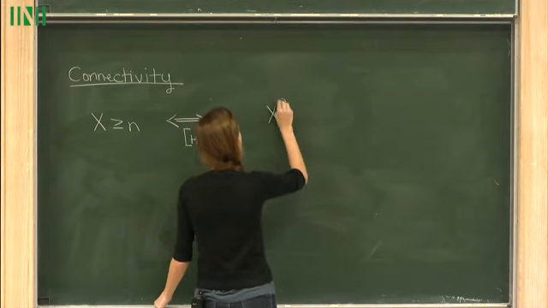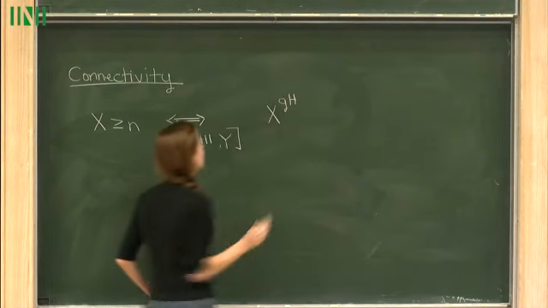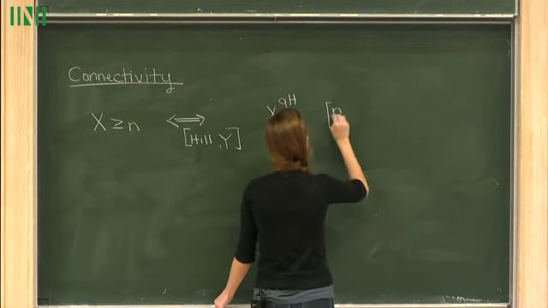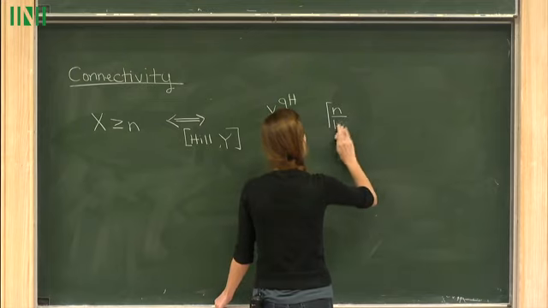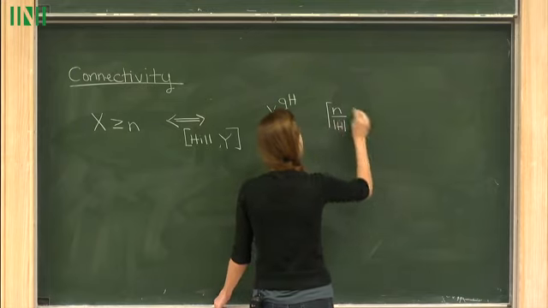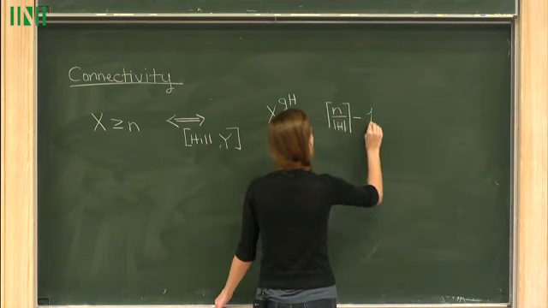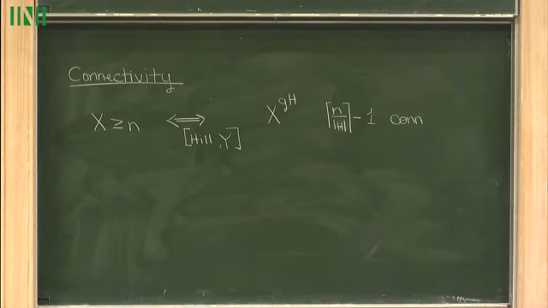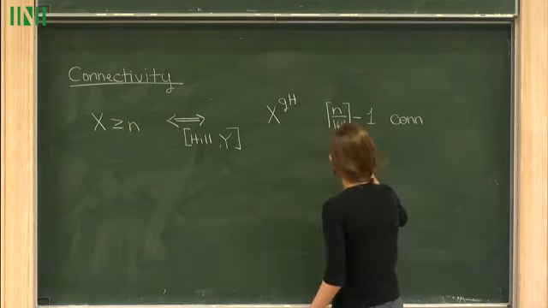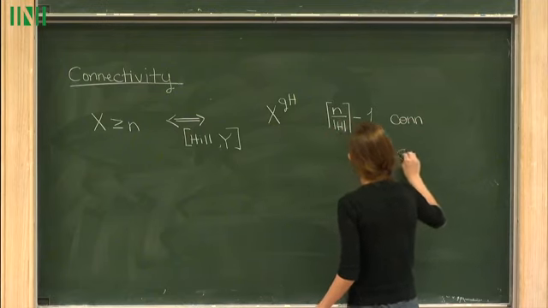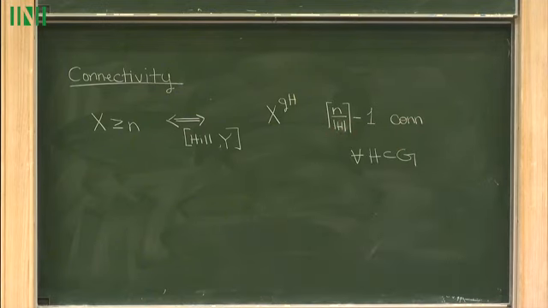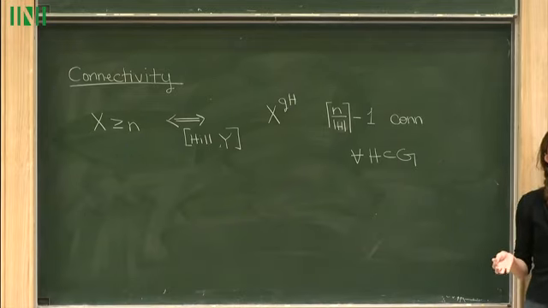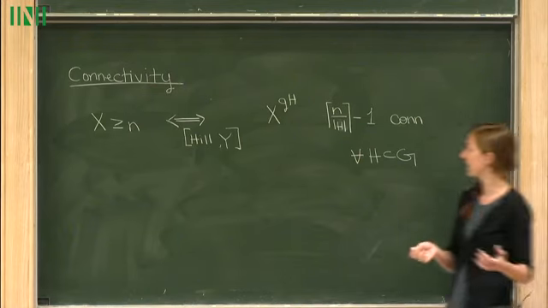So if I take the geometric fixed points for any subgroup H, I find out that this is n over the size of H minus 1 connected in the classical sense for all subgroups of G. And in fact, if n is non-negative, this works for ordinary fixed points.